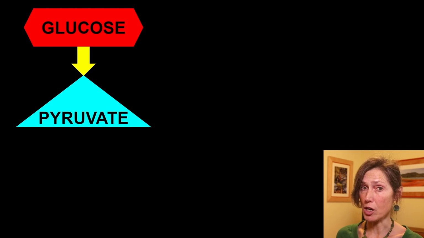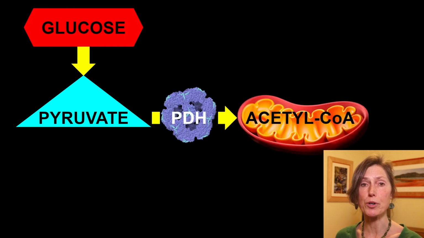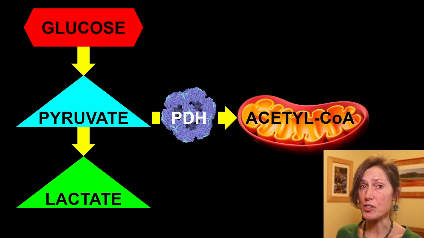This results in only a couple of molecules of ATP, so under ideal circumstances with enough oxygen present, pyruvate is transported into the mitochondrion. And with the help of the enzyme pyruvate dehydrogenase, pyruvate is converted into acetyl-CoA. If the exercise is too intense and there's not enough oxygen present, pyruvate instead is converted into lactate.